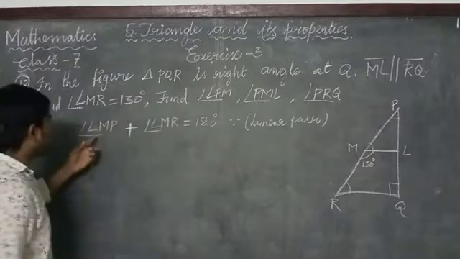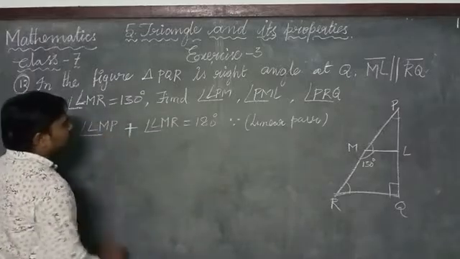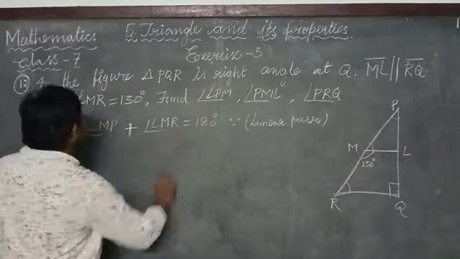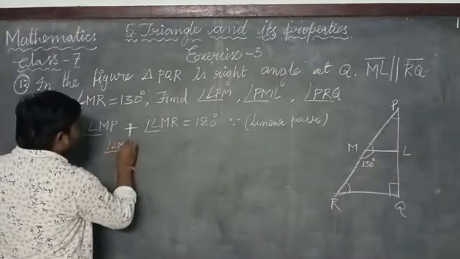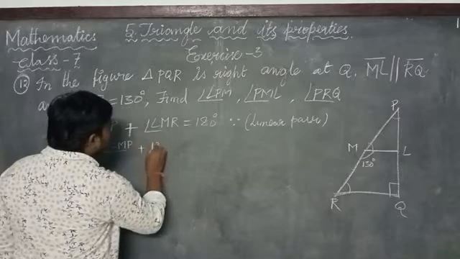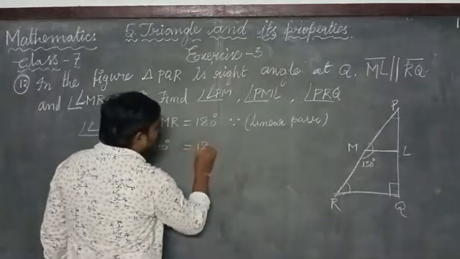Here LMP we don't know, LMR they have given as 130 degrees, so angle LMP plus 130 degrees equals 180 degrees.